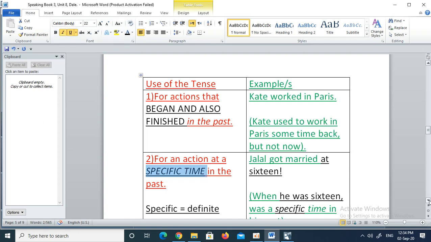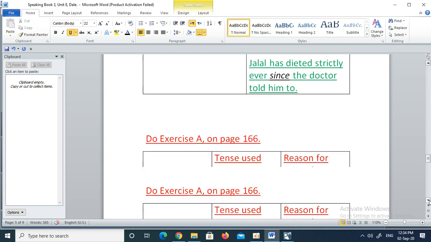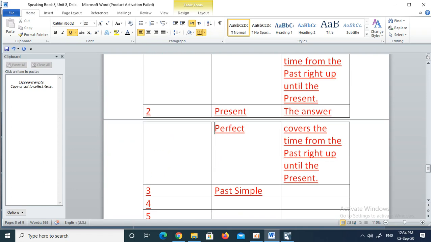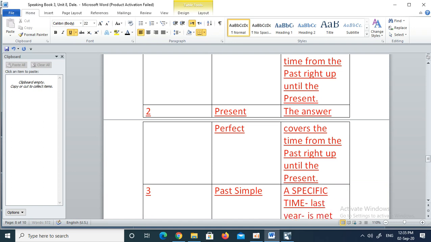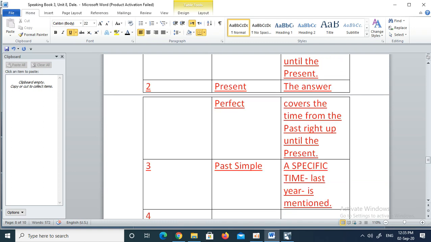Okay, the past simple is used when we speak of a specific time in the past.